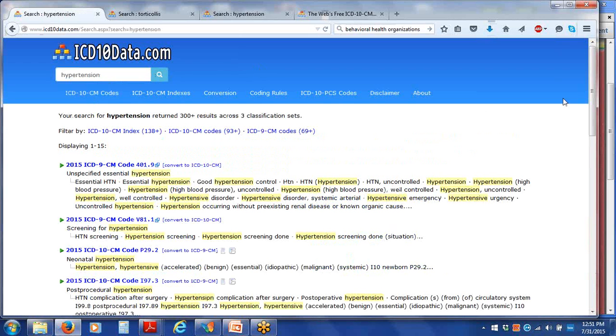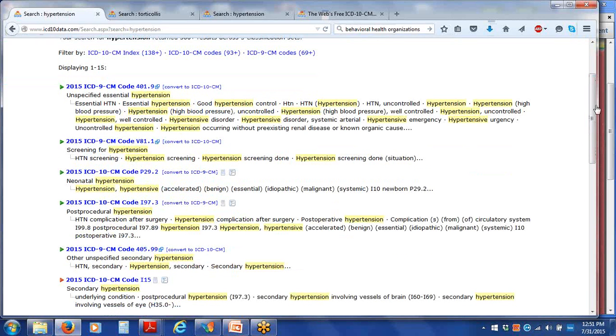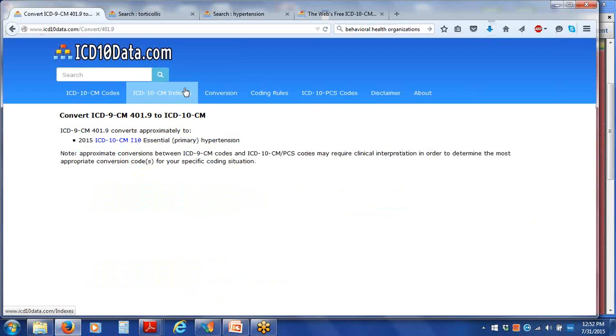And this takes you right now to the ICD-9 code for hypertension, which is 401.9. And then right here it says convert to ICD-10. So you click on that, and then it tells you ICD-9 401.9 converts approximately to ICD-10 CM I10.